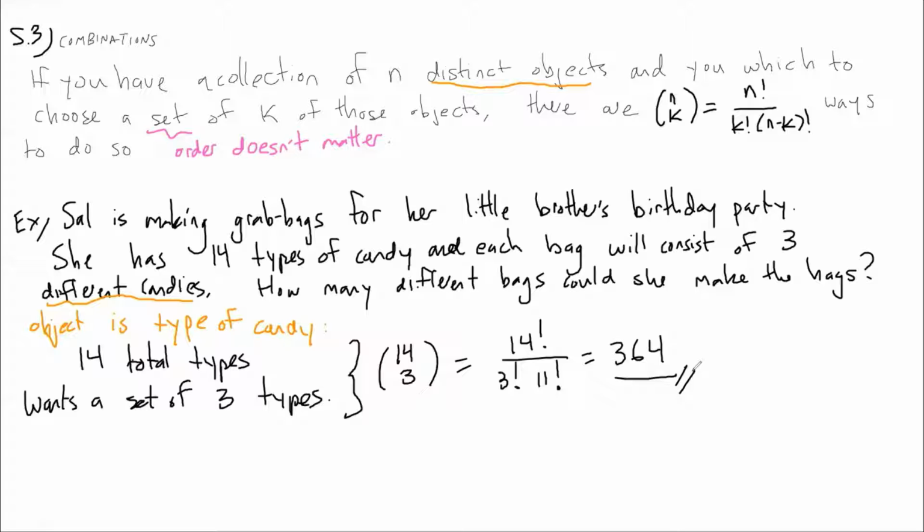So again, just to explain this formula and where it's coming from, another way we could think of it is to tie it back to something we already talked about, finding arrangements with repetitions. The other thing we could have done is consider the 14 types. What we're going to think about is these slots. We're going to have either 3 in the bag and 11 not in the bag.